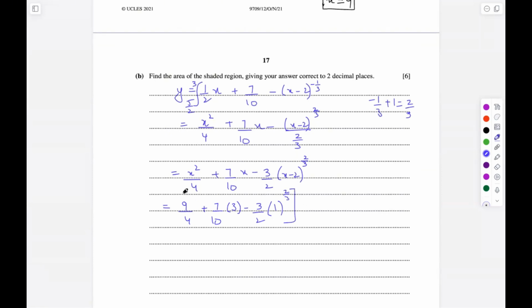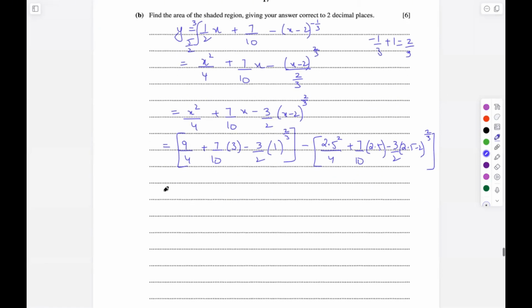And then subtracting the lower limit 5/2, which is 2.5, so we'll write (2.5)^2/4 + 7/10 into 2.5 − 3/2 into (2.5 − 2)^(2/3).